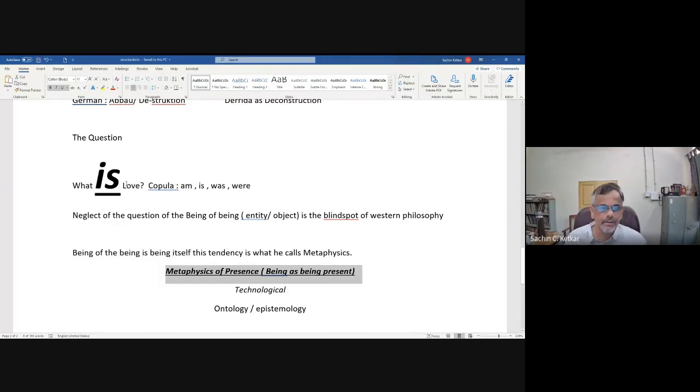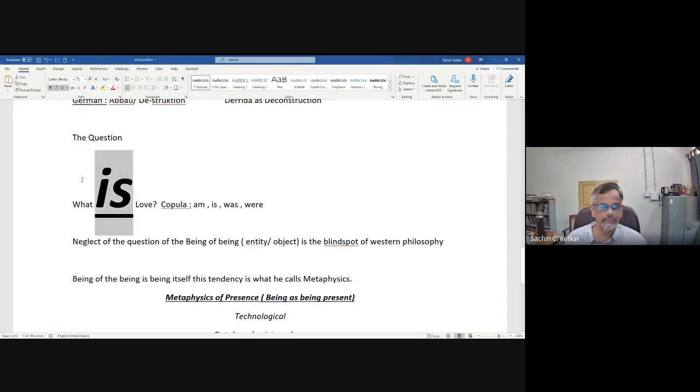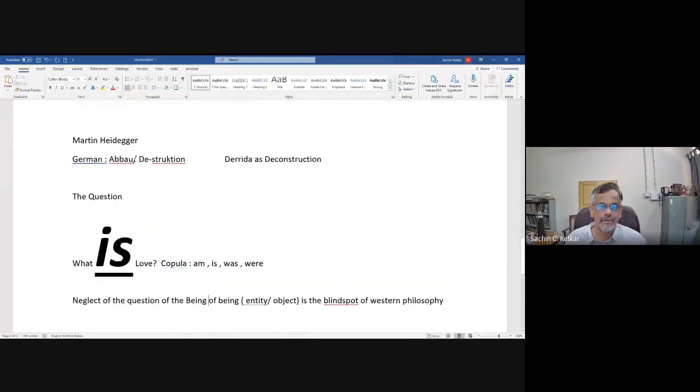Which is based on the meaning of being, which is based on our advanced understanding of being, right? And that is what he means by destruction.